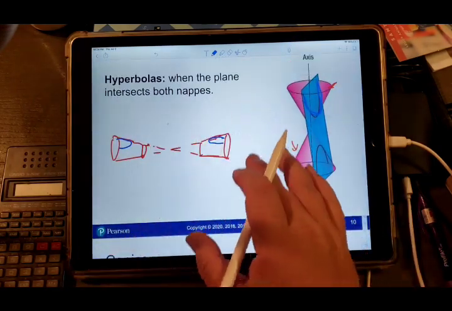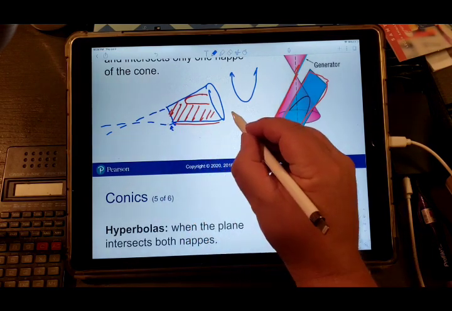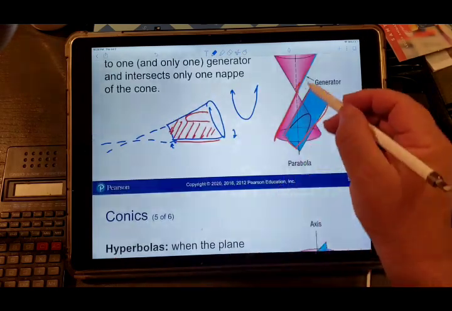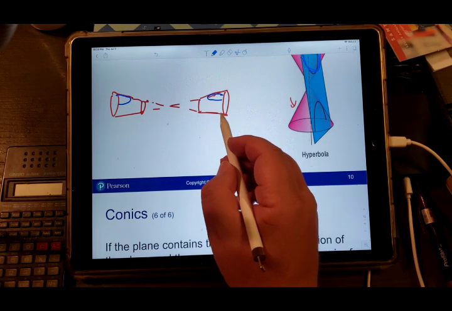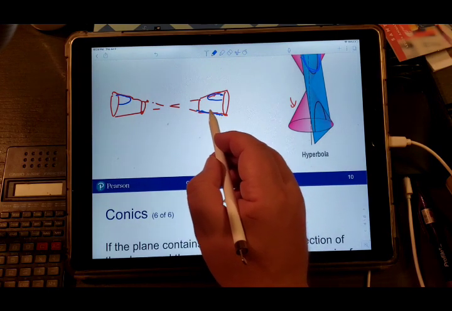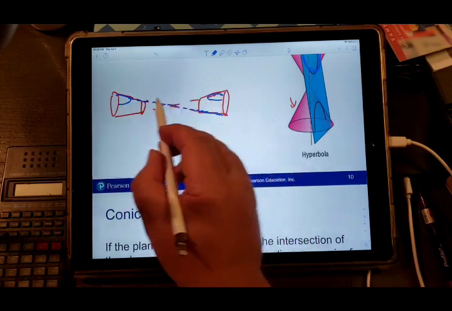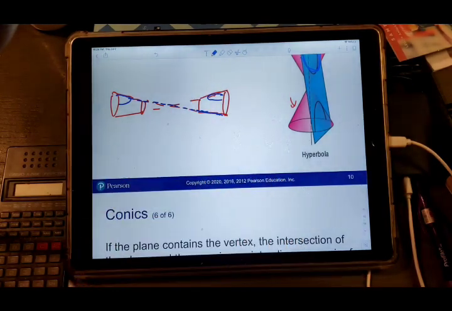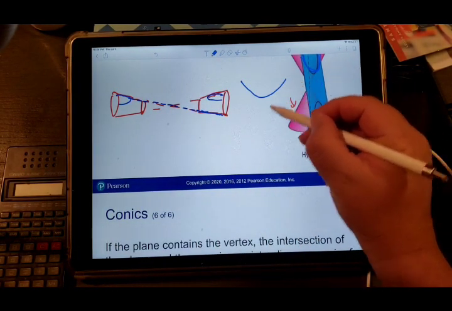The hyperbola is from lifting this edge up just a little bit or tilting it down just a little bit more. And so it's no longer parallel, but I tilted it enough so that this line actually does rise, and the water level that I'm thinking of does this. And so what we get is this figure.